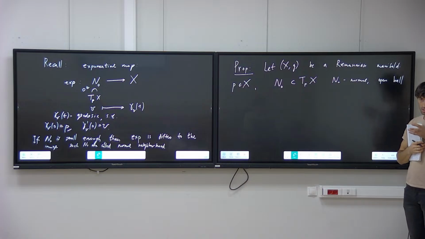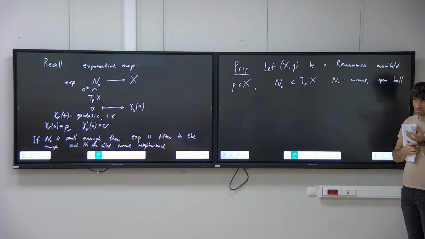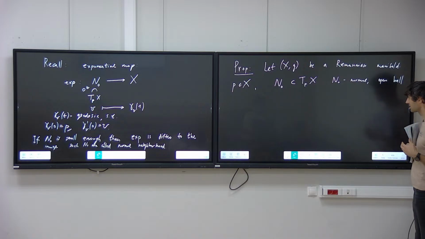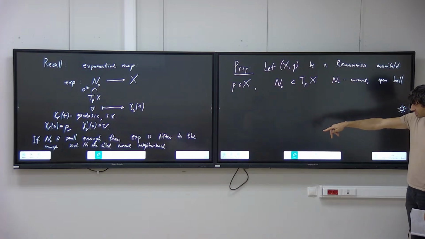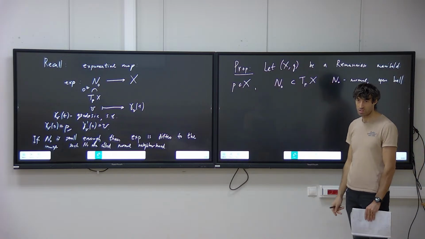On T_pX there is a metric, so I know what a ball is there. I want N0 to be an open ball, and also normal, meaning that the exponential map is a diffeomorphism.